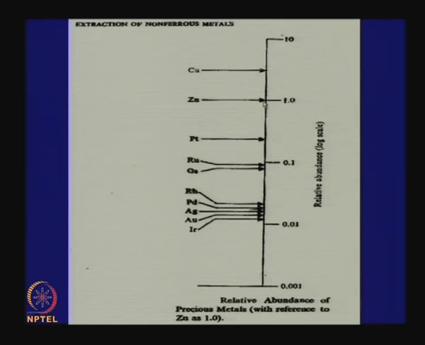Platinum is actually much more in abundance as compared to say gold and silver. It is a lot more in abundance. In the log scale you see gold and silver are here, but platinum is here, but still it is much more expensive. Why is it so?